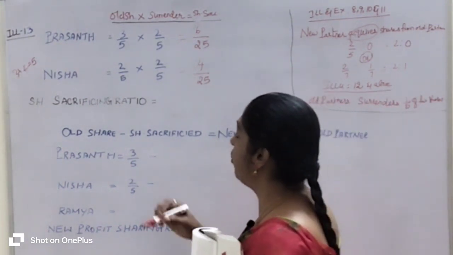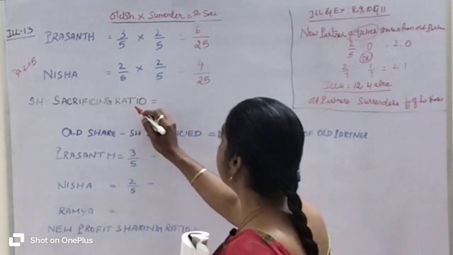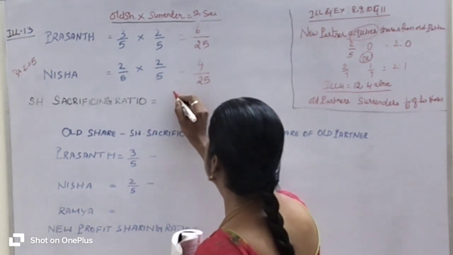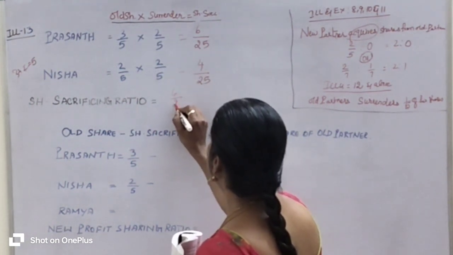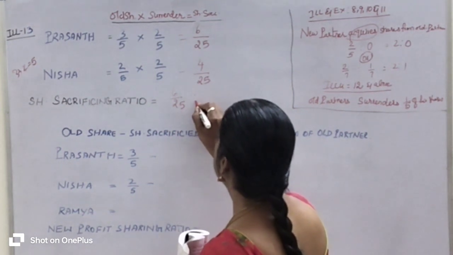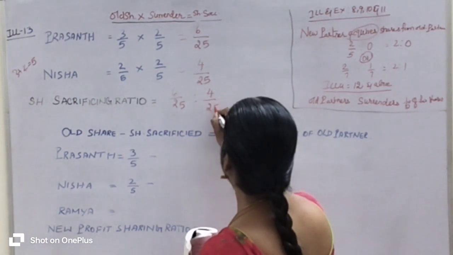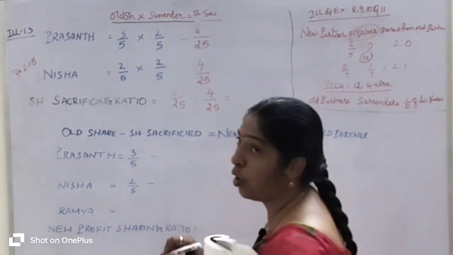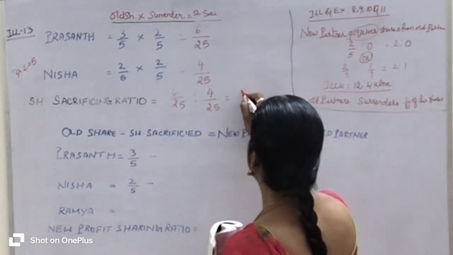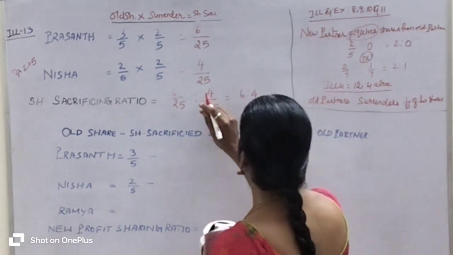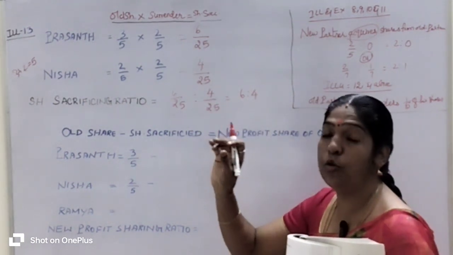Now we are going to enter the share sacrificing ratio. Prashant's share sacrificing ratio is 6/25 and Nisha's share sacrificing ratio is 4/25, which in ratio form is what? 6:4, right? We are going to take only the numerator value.